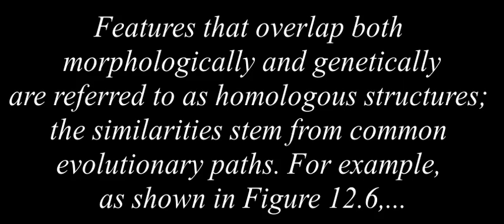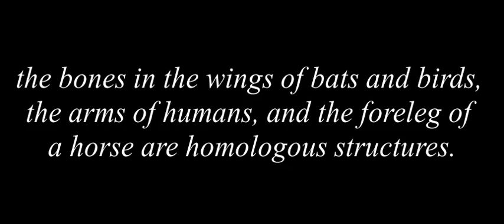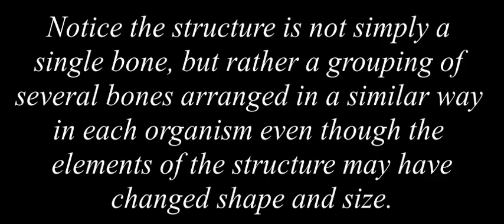For example, as shown in Figure 12.6, the bones in the wings of bats and birds, the arms of humans, and the foreleg of a horse are homologous structures. Notice the structure is not simply a single bone, but rather a grouping of several bones arranged in a similar way in each organism, even though the elements of the structure may have changed shape and size.